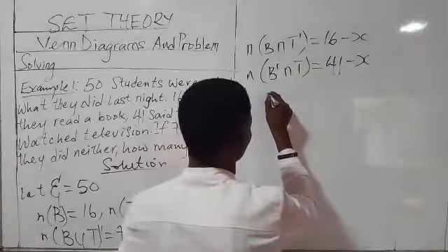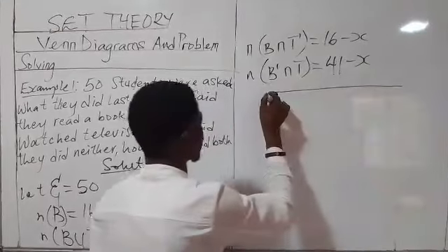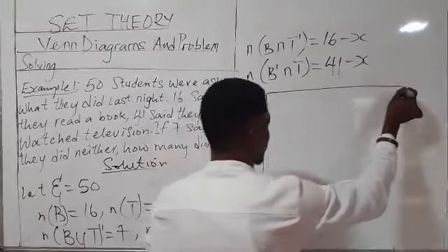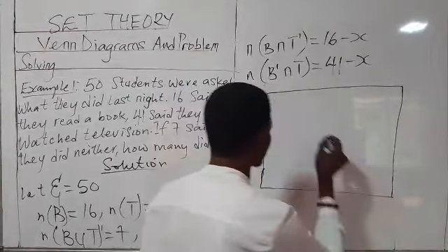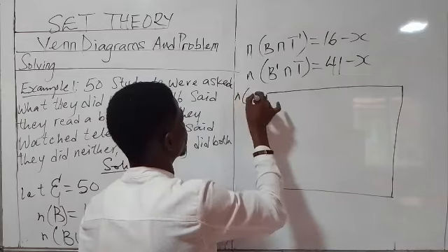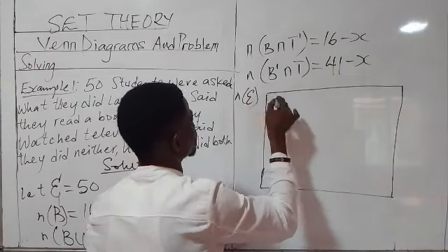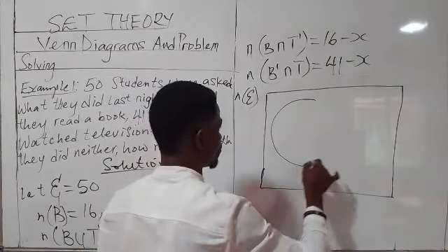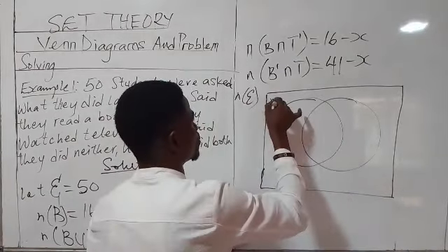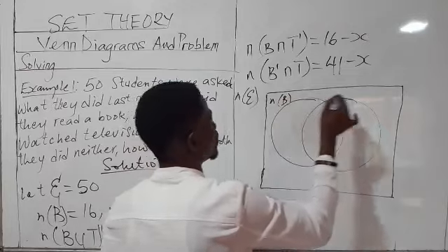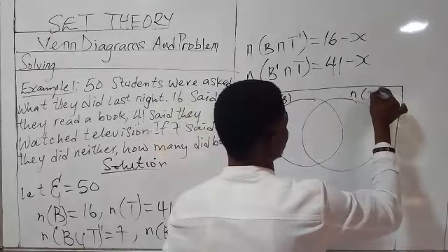So you are going to draw your diagram. Here is going to be the actual items. Here is going to be for book. Here is going to be for television.